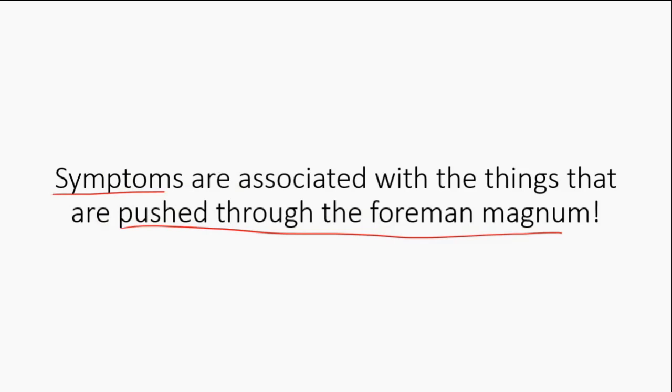Now you can go and study the symptoms in detail and hopefully it will make sense, but you can kind of make logical sense out of it. If the cerebellar tonsils are being pushed down and the cerebellum is being compressed, obviously you're going to get problems like dizziness. You might get problems associated with coordination and movement, because these are things that the cerebellum is responsible for.